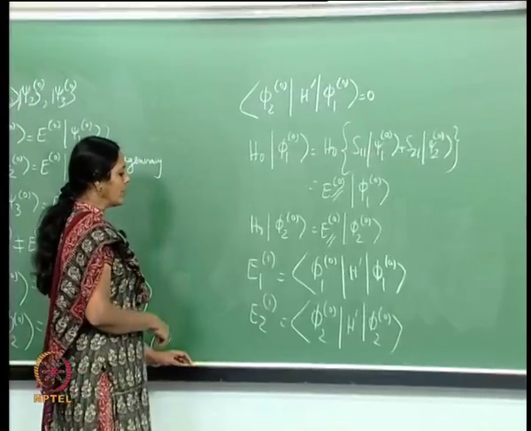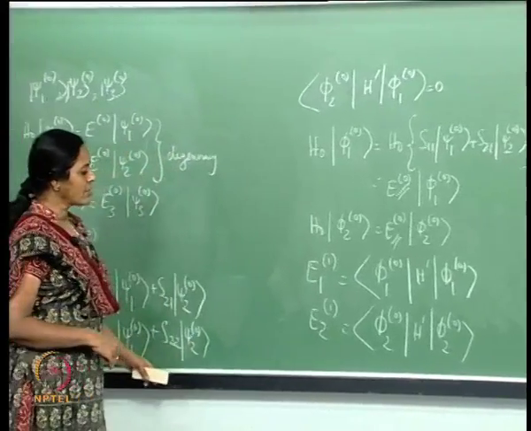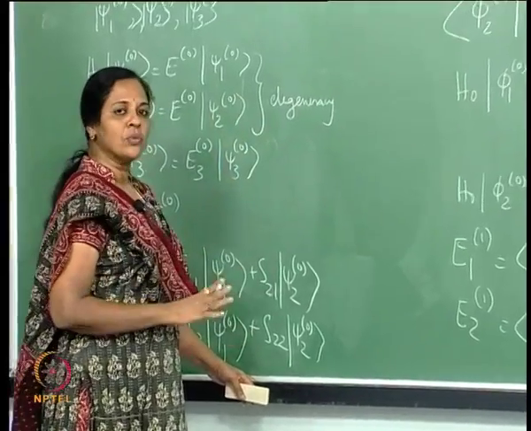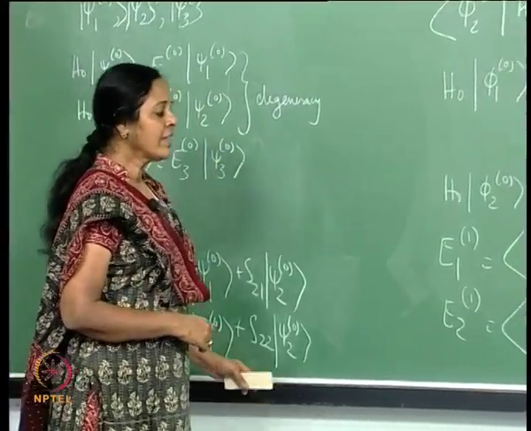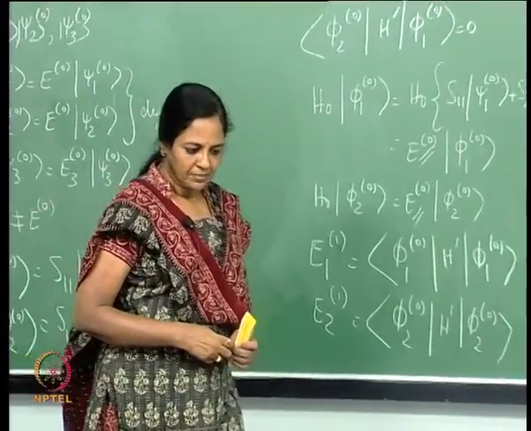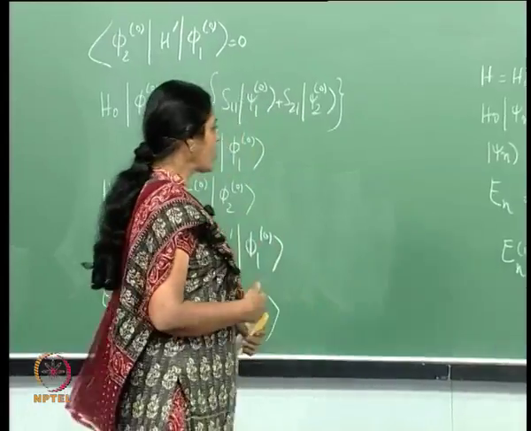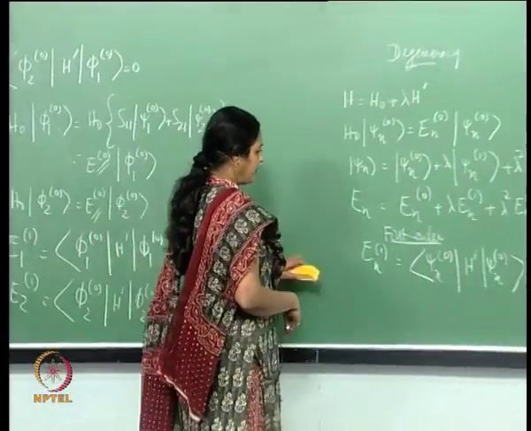So, in order to do this, it is best to illustrate it with an example. This is essentially what I wish to do. My example would be a perturbed hydrogen atom. So, let us look at the perturbed hydrogen atom.